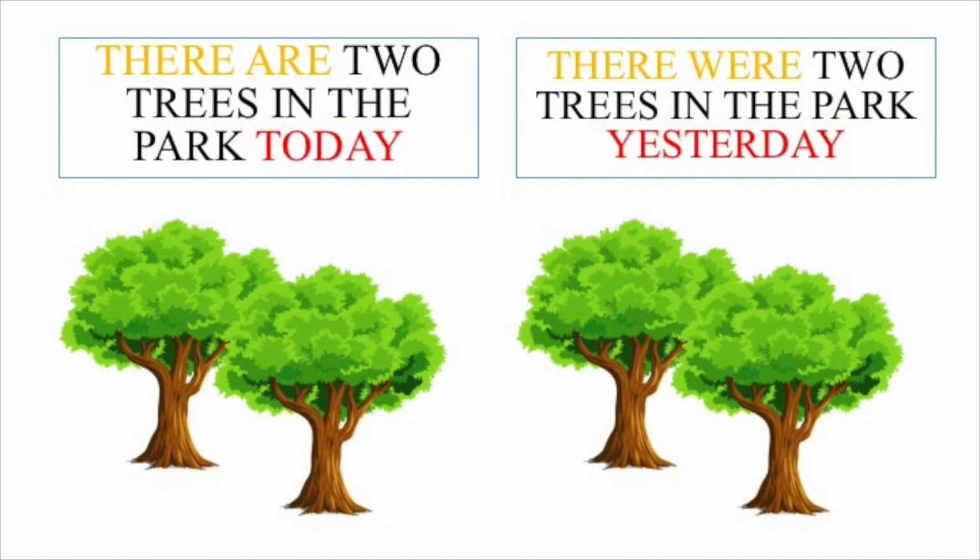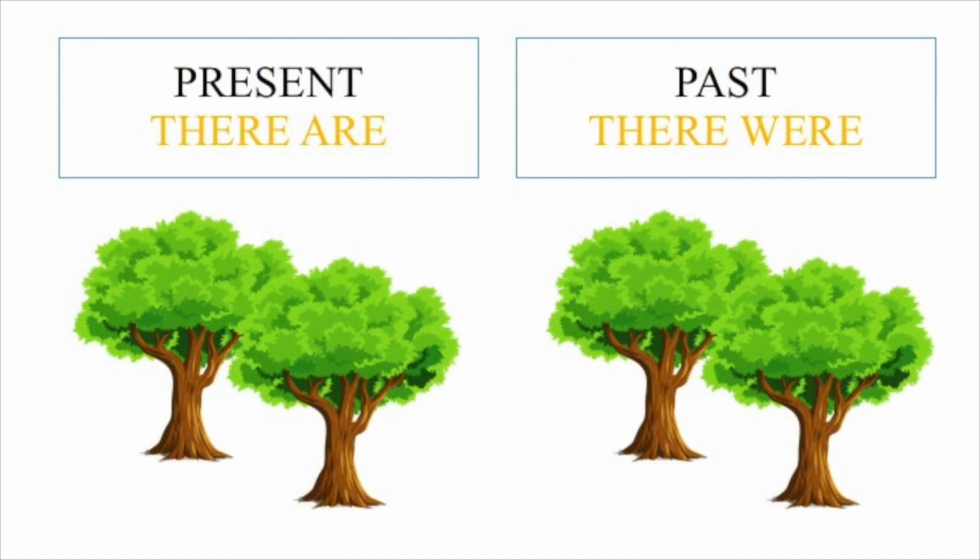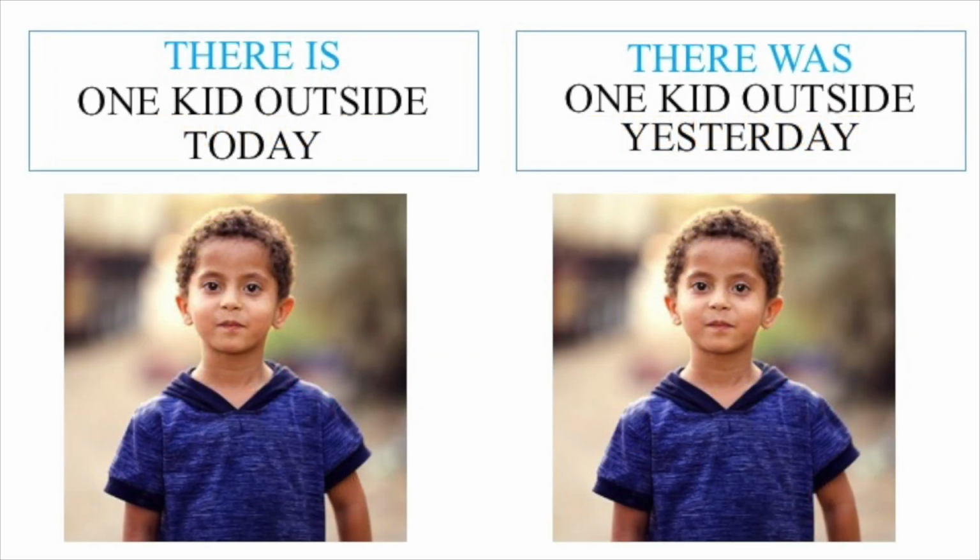Now, how many trees? There are 2 trees in the park today. But in the past, we will say, there were 2 trees in the park yesterday. There are, for present, there were, for past.